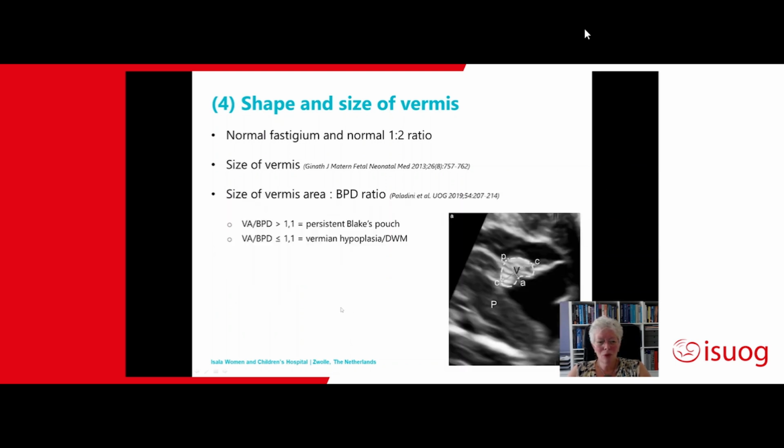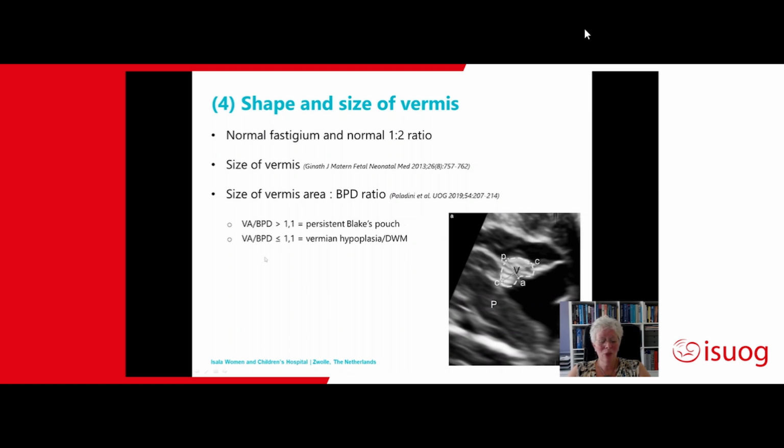We could also look at the size of the vermis area in ratio with the biparietal diameter as a sign of the gestational age. If this area divided by the BPD is more than 1.1, it's probably a persistent Blake's pouch.